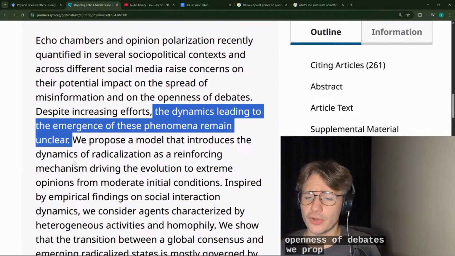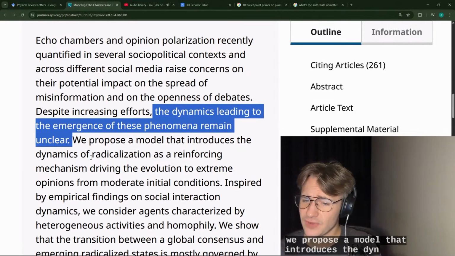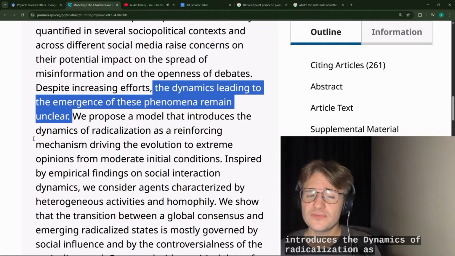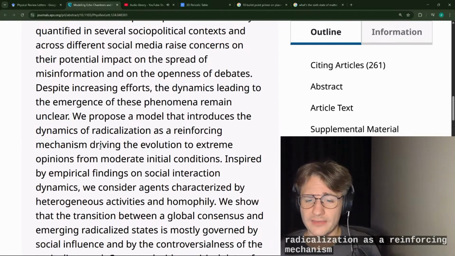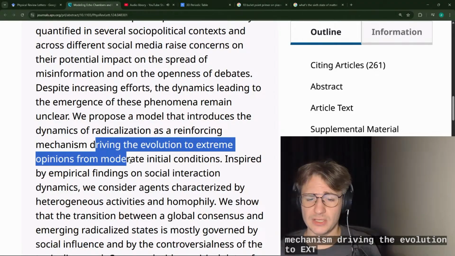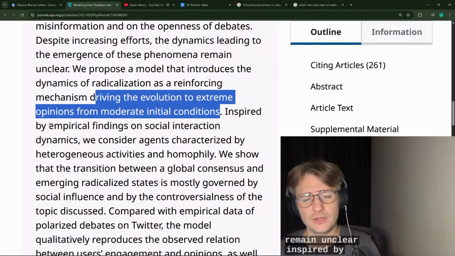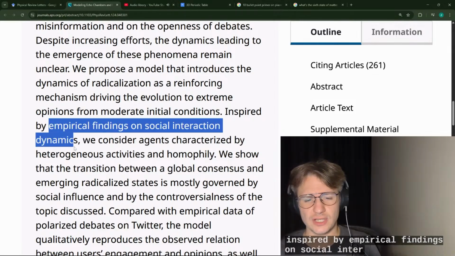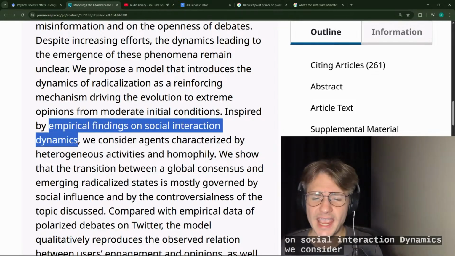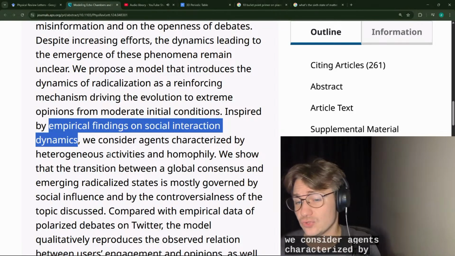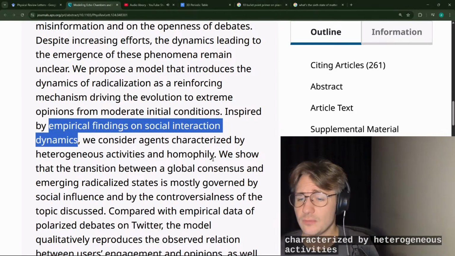We propose a model that introduces the dynamics of radicalization as a reinforcing mechanism, driving the evolution to extreme opinions from moderate initial conditions. Inspired by empirical findings on social interaction dynamics, we consider agents characterized by heterogeneous activities and homophily.